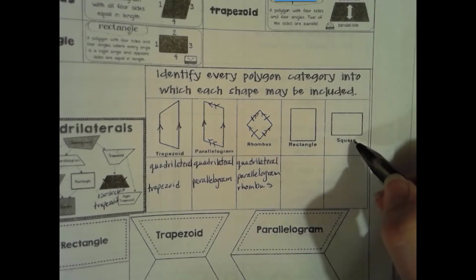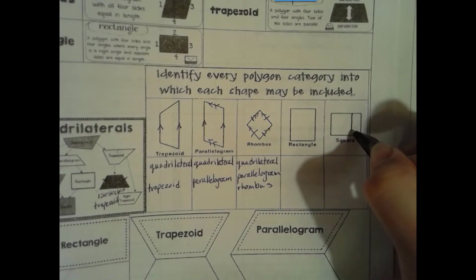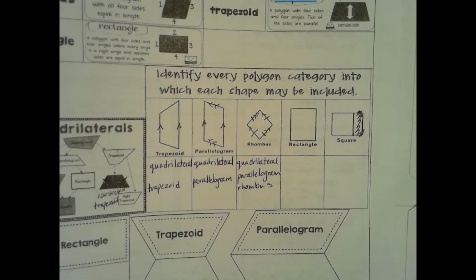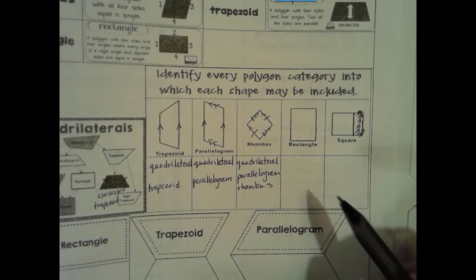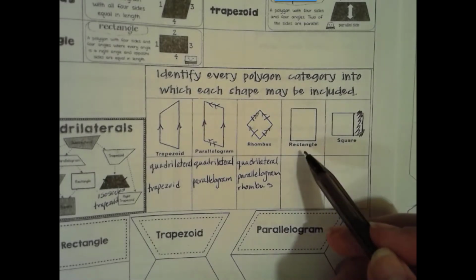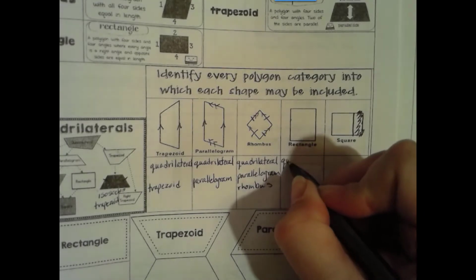This is kind of funny. That's not a square. Let's draw that so it looks like a square. Wherever I copied that from, that was not quite right. Here, rectangle, we have 1, 2, 3, 4 sides, so it is a quadrilateral.